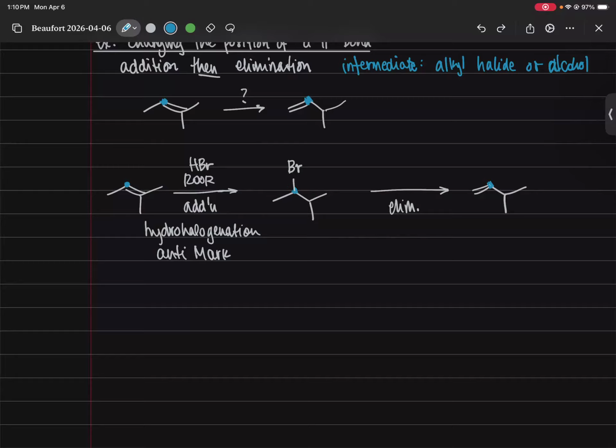So our elimination is making a less substituted alkene, and so we can't just use any old base. We have to use a bulky base for the less substituted alkene. And our bulky base of choice is potassium tert-butoxide.